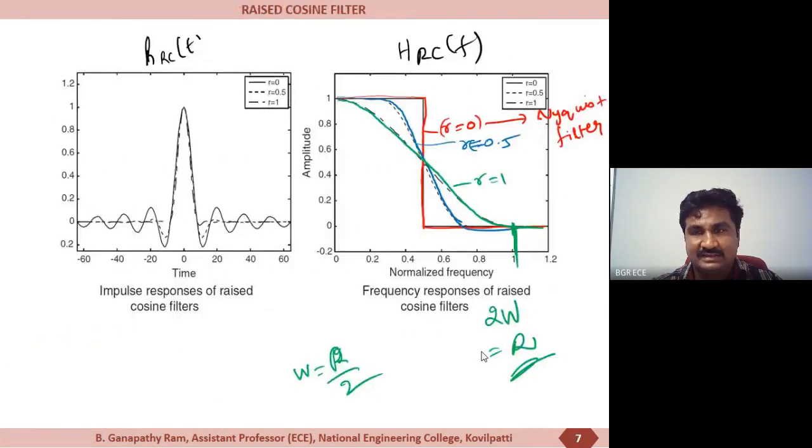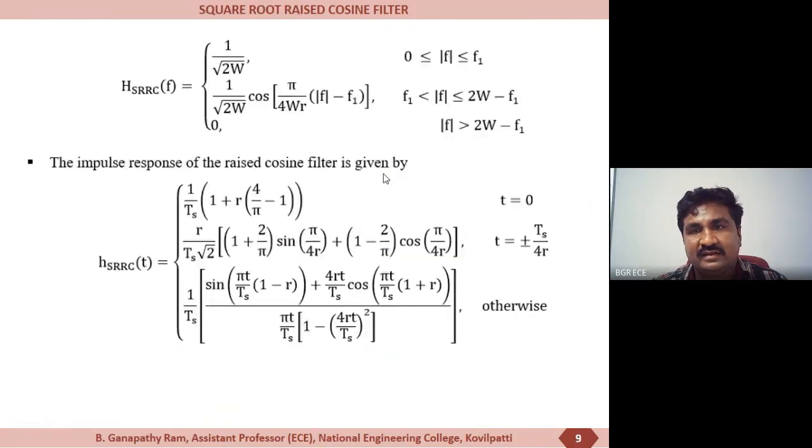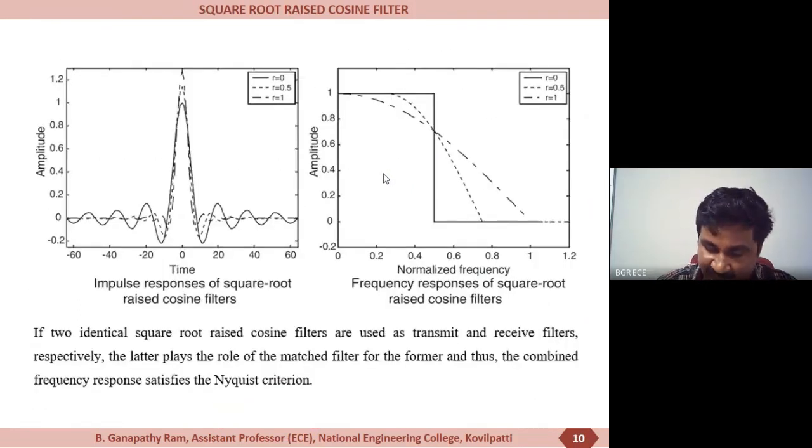Here, this crossing is achieved at 0.5, at the magnitude response of 0.5, smoothening. In this square root raised cosine, the smoothening occurs even greater than that, which is nearly equal to 0.75.